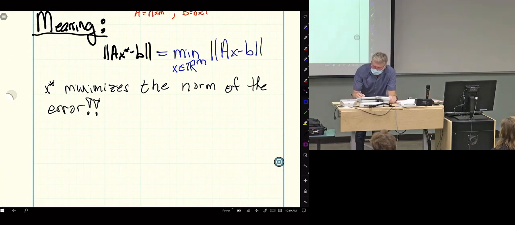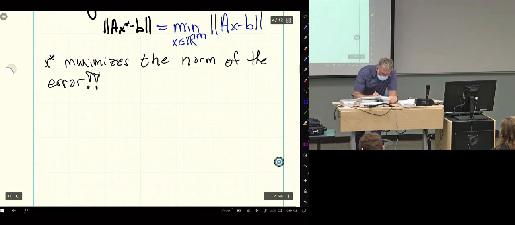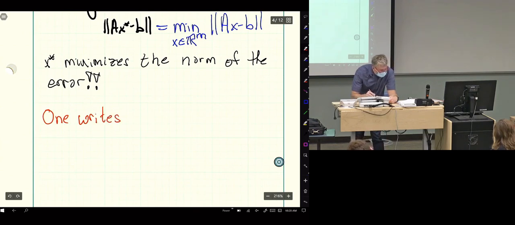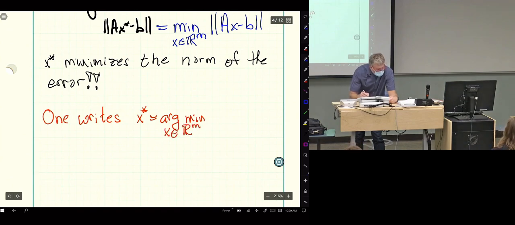Okay, so I'm going to write it down, and then we can talk about it. Okay, one writes, and this is super important and awesome. X star is argument min x an element of Rm norm Ax minus b.